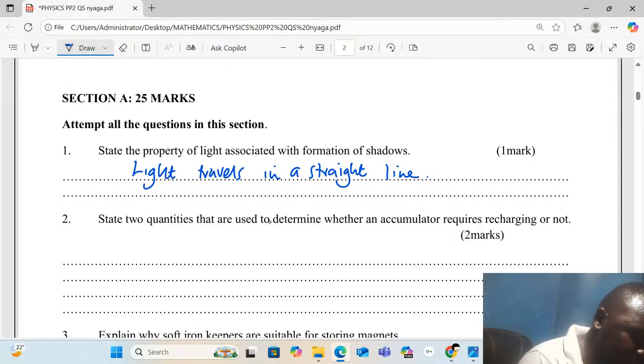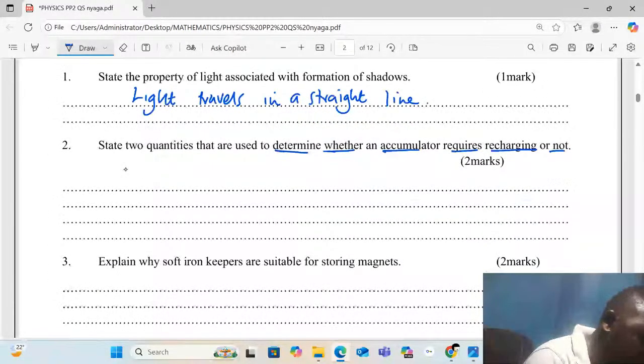Properties that are used to determine whether an accumulator requires recharging or not. We have the relative density as the first point, and the second one is the voltage output.